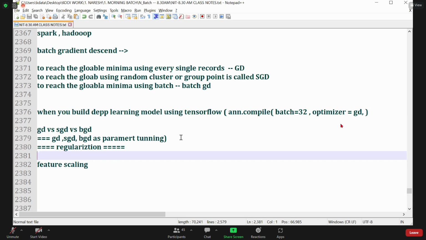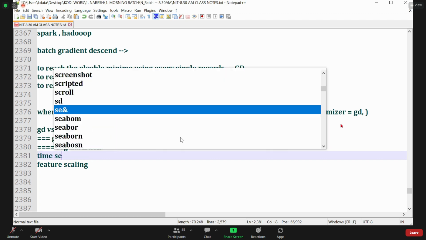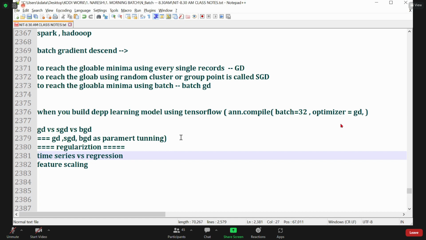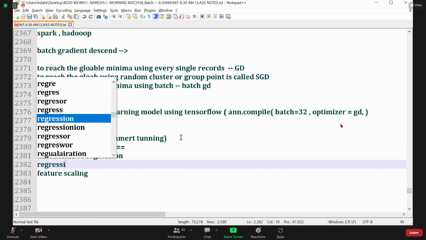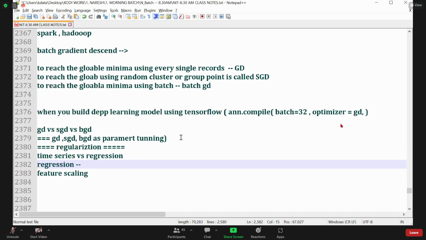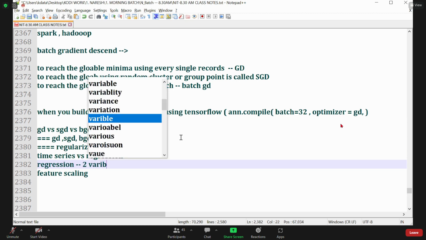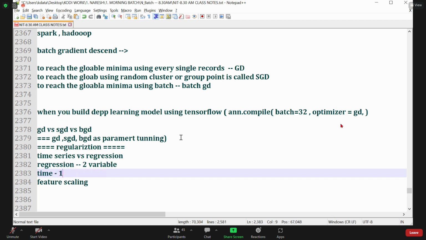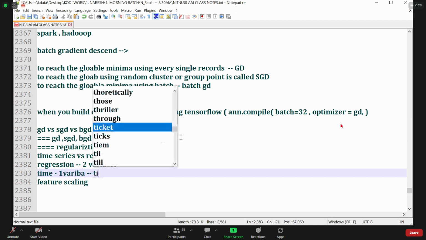We complete two things. Time series, I'll explain later. What is time series algorithms? Difference between time series versus regressions is very important. So in regressions, we use how many variables, guys? 2 variables. But in time series, we'll use only one variable, which is time.